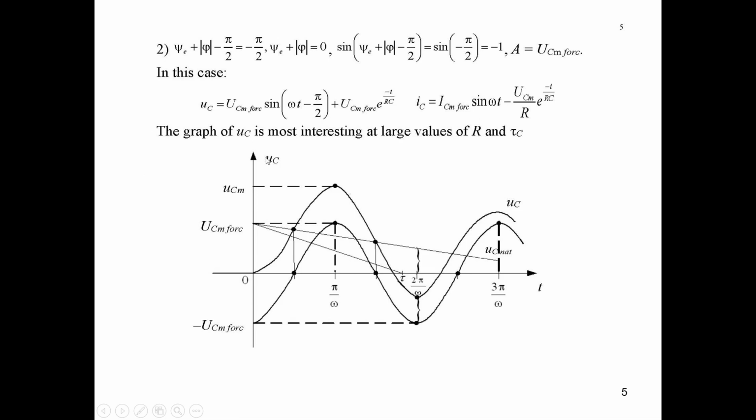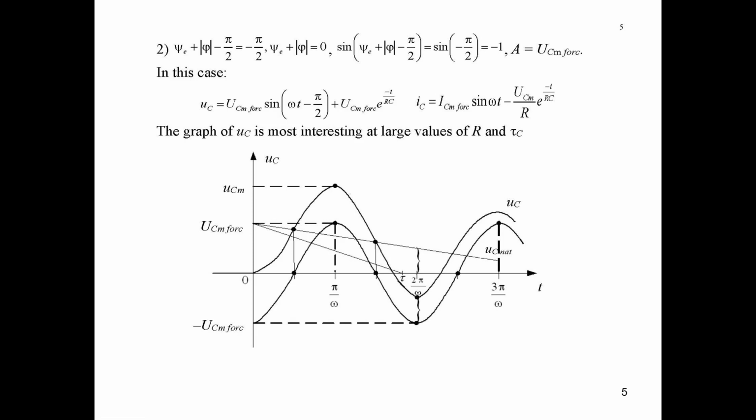You see, in this case we can write down uC as a sum of uC forced and uC natural without any sinusoidal, as it will be equal to -1. So it will be just the product of uC maximum forced and the exponential function. This refers also to iC. It will be iC maximum forced sine omega t for the forced component and minus uC maximum over R, e to the degree minus t over RC.